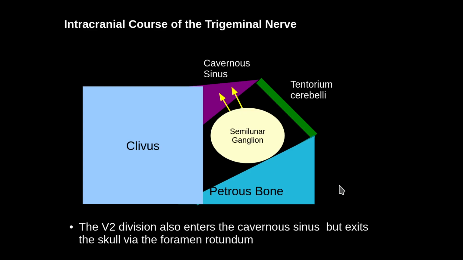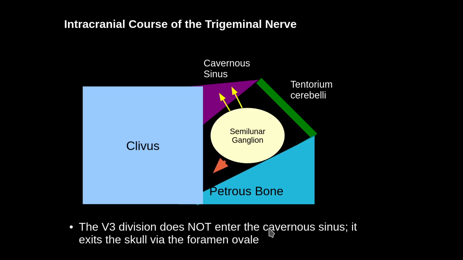Whereas the maxillary division, which will target your cheeks, has a much lower destination. So instead of going into your orbits, naturally, they will go towards your cheeks, your maxilla. So they go via the foramen rotundum.